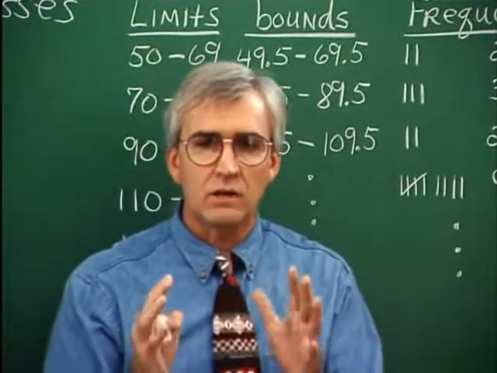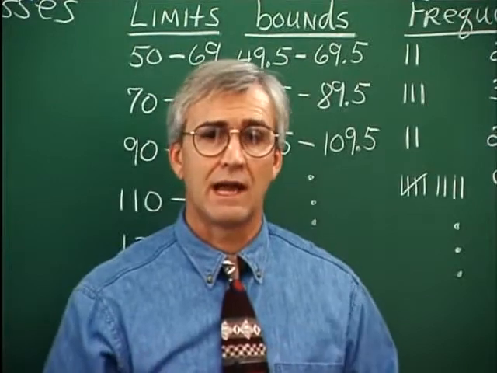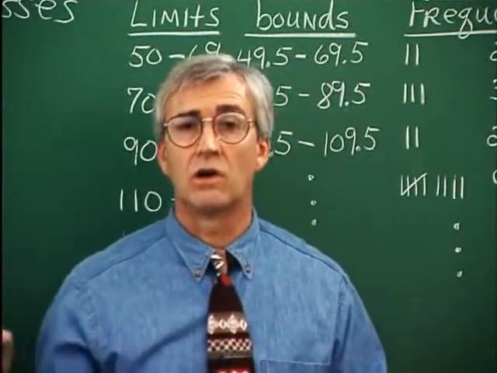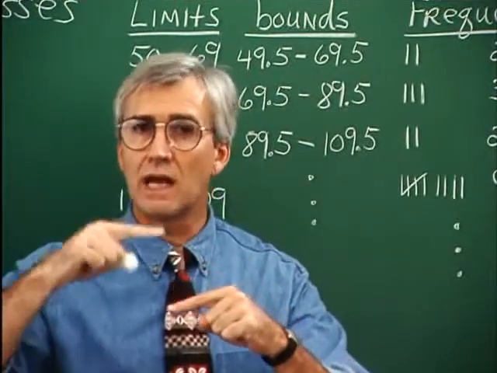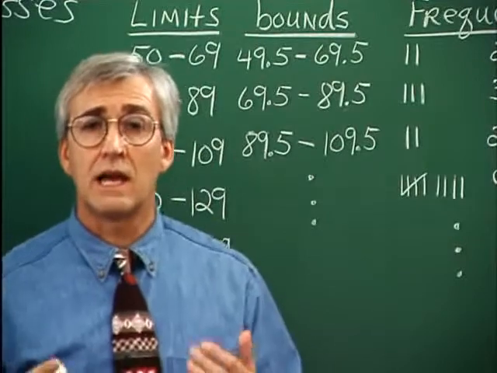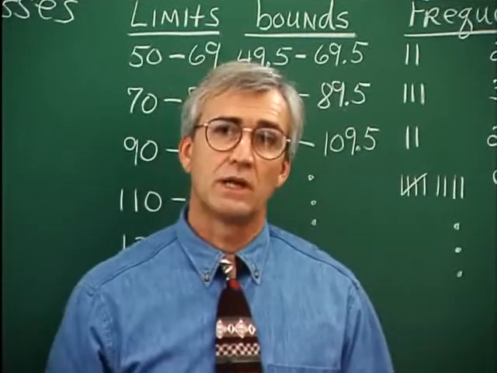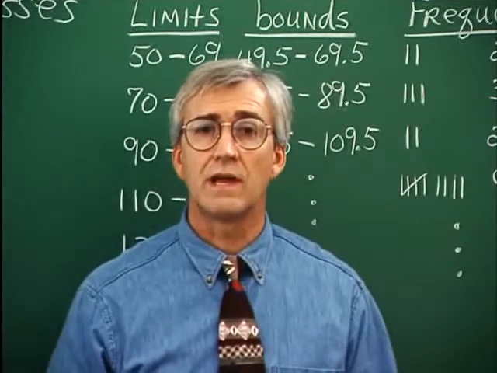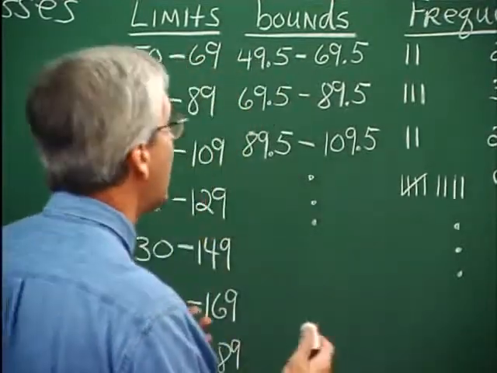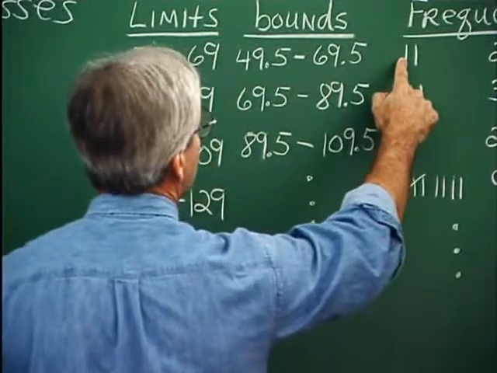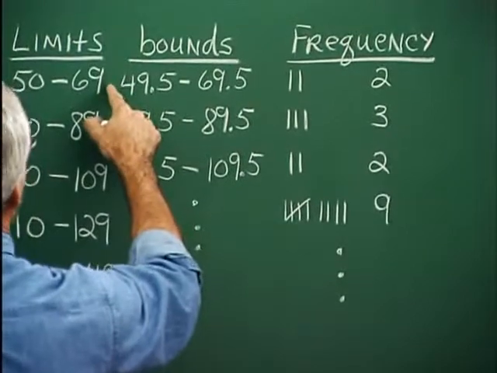All right, now once we have our structure for the histogram, we know how many classes we're going to have. We could actually make the axes involved. How tall do we make the bars, or how high do we make those classes? Well, we have to count some kind of frequency involved in the list of numbers. Now, I had the numbers written in some kind of order, so it's pretty easy to do that. An aid to doing that would be to make a tally for the frequency of test scores that fall within a certain bound or within these limits.